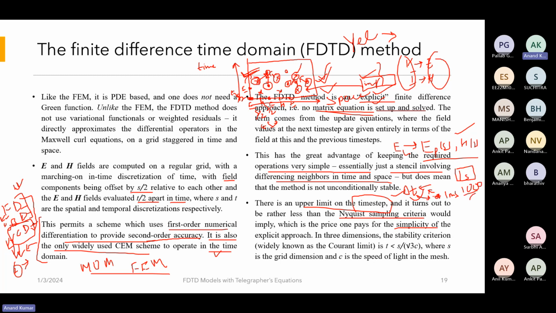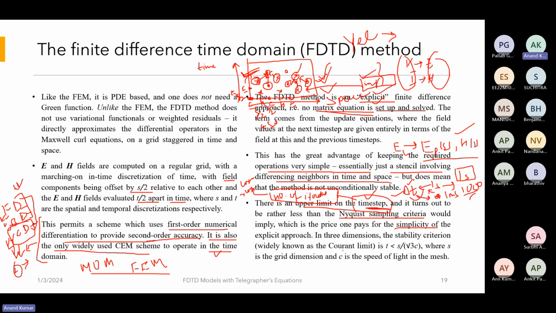You cannot just arbitrarily increase this delta t value to 1 second so that you just do one iteration. So there's a limit on the time step, which decides the number of iterations you have to do. If this time step is very small, the number of iterations will be very high, and hence your code will take longer to run.